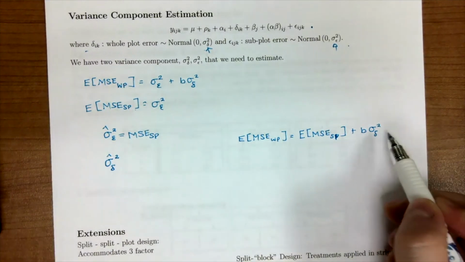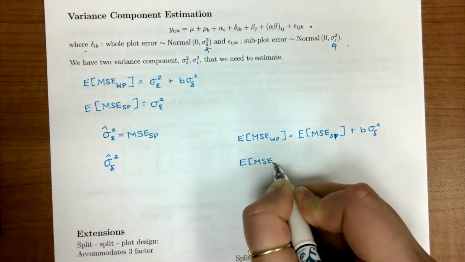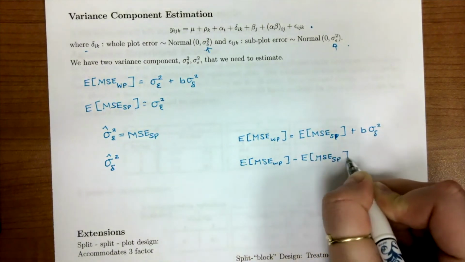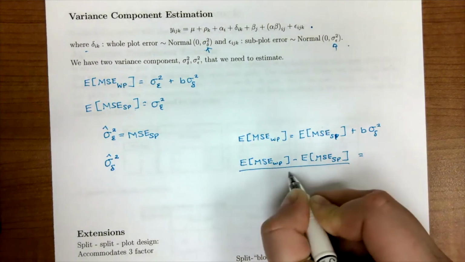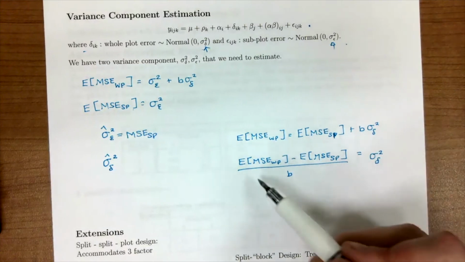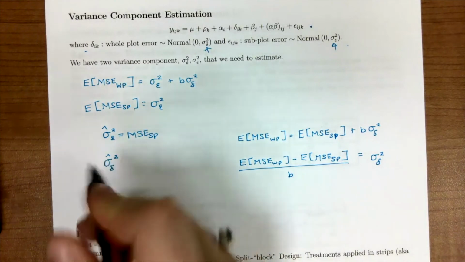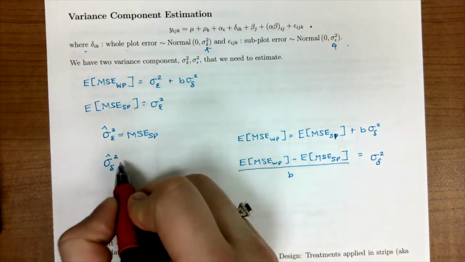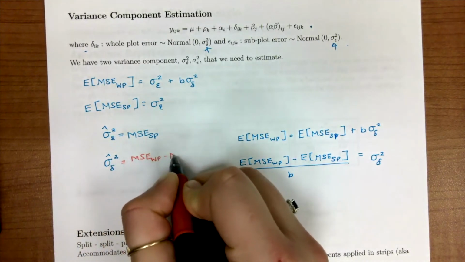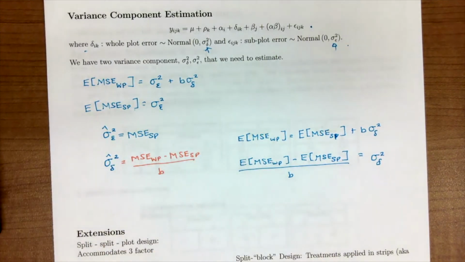Now we're going to solve for sigma squared delta, and we would get this. Now to find the estimate, we drop the expectations. So the estimate for the variance of our whole plots would be equal to the MSE of the whole plot minus the MSE of the subplot, divided by b.